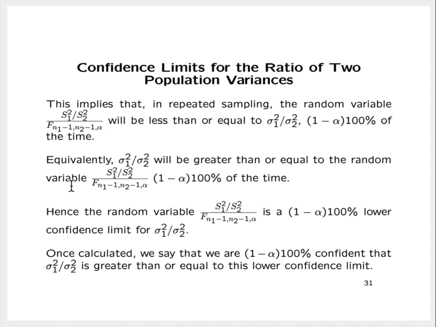And so the random variable given by the ratio of the sample variances divided by the upper alpha percentage point of the F distribution with the appropriate degrees of freedom is a 1 minus alpha times 100% lower confidence limit for the ratio of the population variances sigma 1 squared over sigma 2 squared. Now, once calculated, we say that we are 1 minus alpha times 100% confident that the ratio of the population variances is greater than or equal to this lower confidence limit.